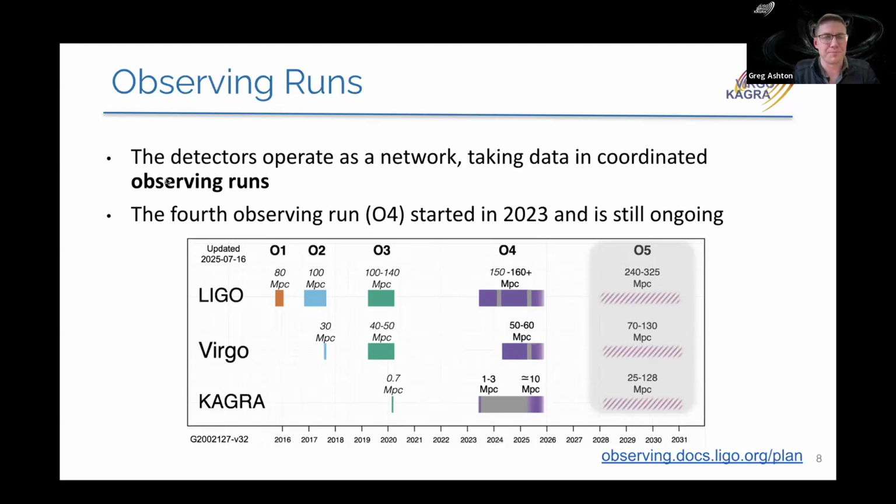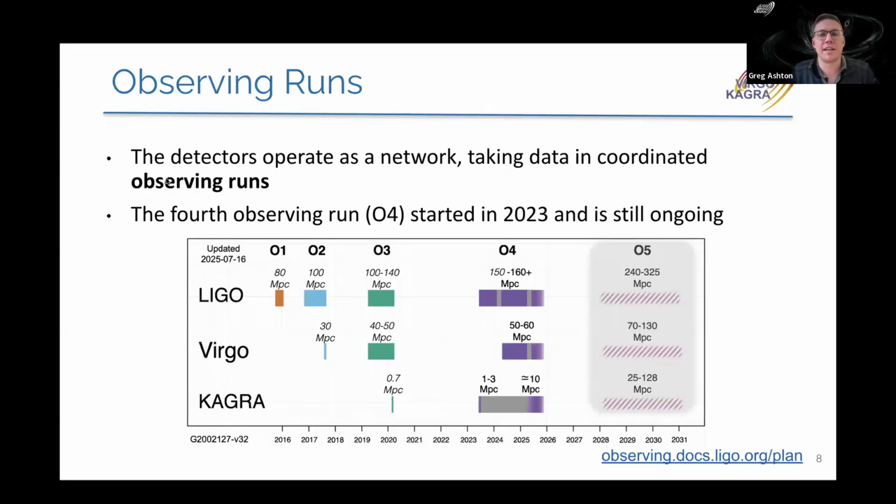observingdocs.ligo.org. And so what you see is that the instruments have been slowly increasing in sensitivity. So the little numbers above each of the bands, that's giving you this metric, the BNS distance, the distance you could roughly see a BNS to, and you can see that that's increasing. We've roughly doubled it from O1 to O4.